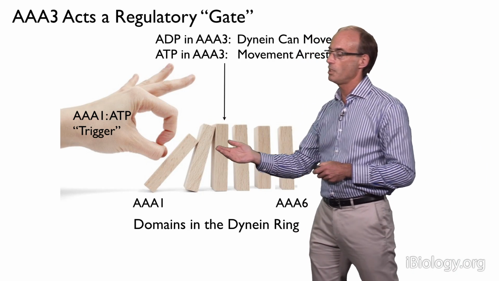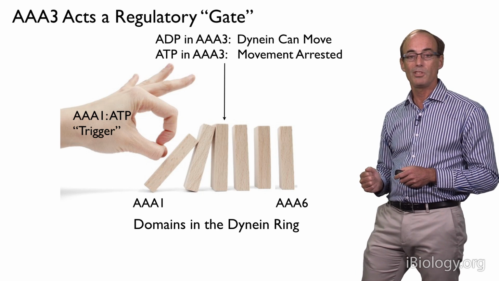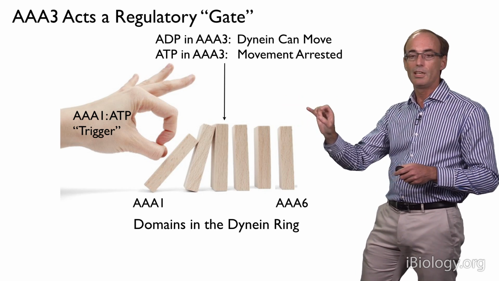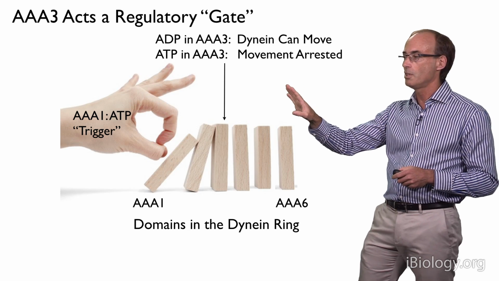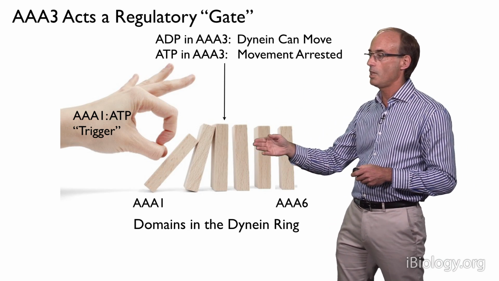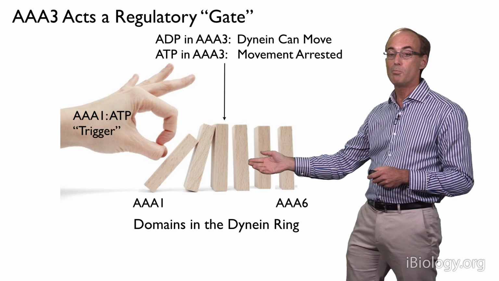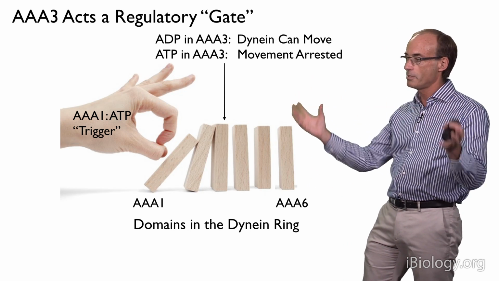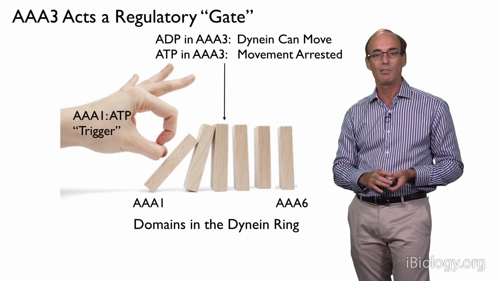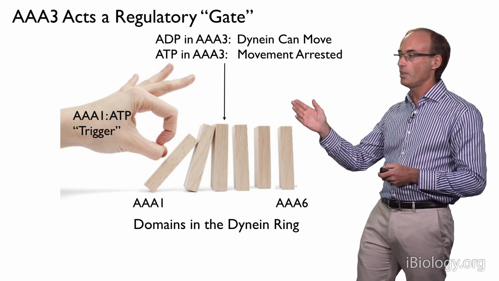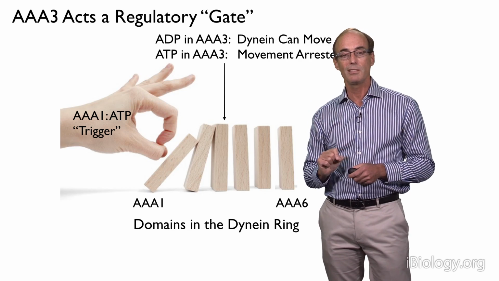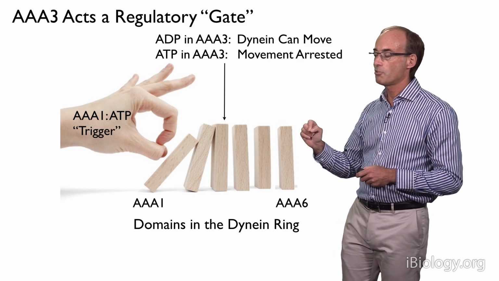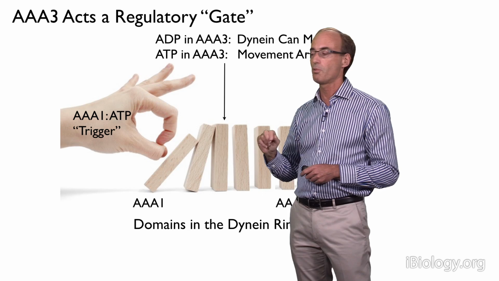AAA1 is the trigger, so in this image of dominoes here, it's what initially kicks off the chain reaction that moves from one AAA domain to the next and eventually can move all the way down through the ring to AAA6 and cause this massive conformational change. But if AAA3 has ATP in the site, it actually acts to block the propagation.